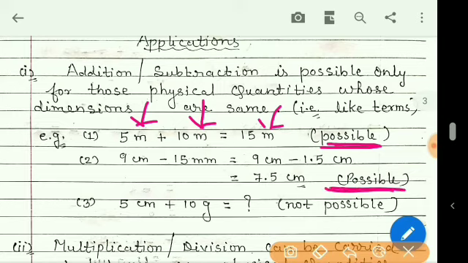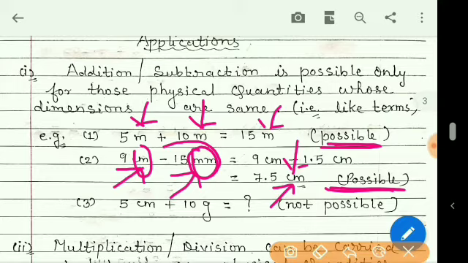Here it is in centimeter, we converted this into centimeter, and finally also it is centimeter, meaning the dimension remains the same. For length, here also length, the result is also length. Is it clear to all of you?